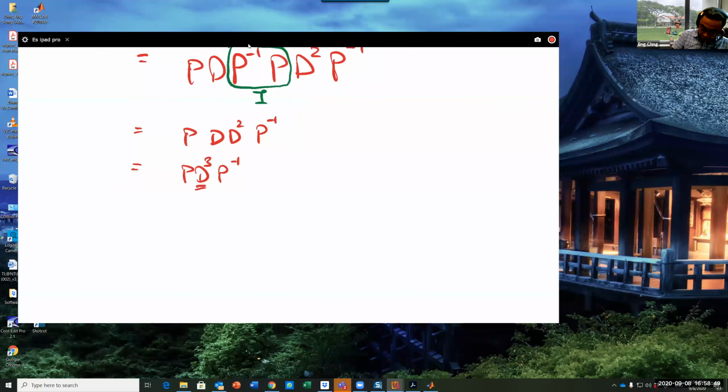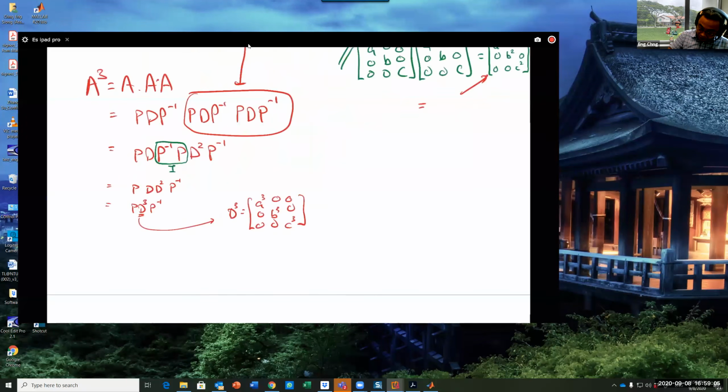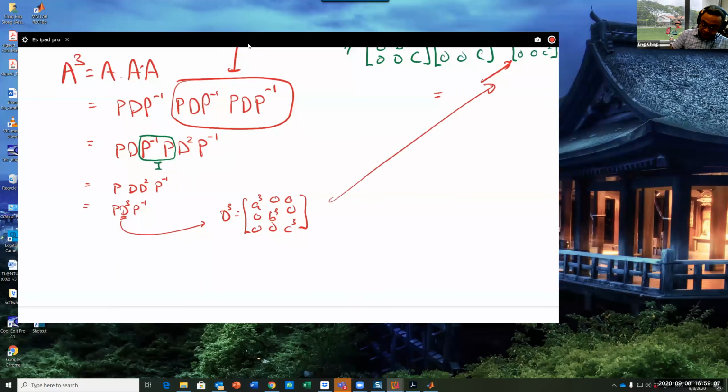And then now we know that D cube is equals to A cube, B cube, C cube, in this idea again.